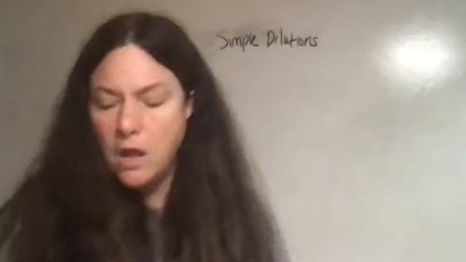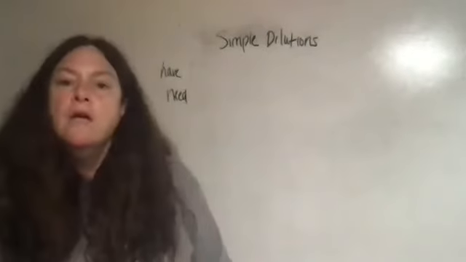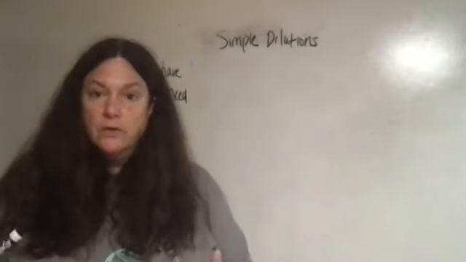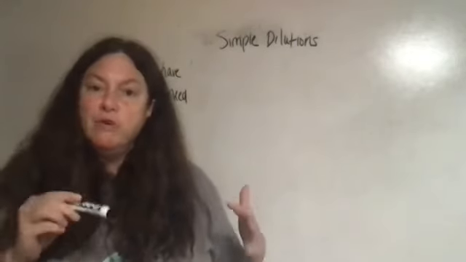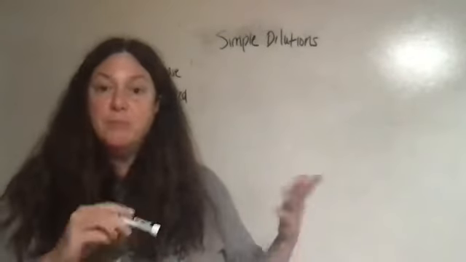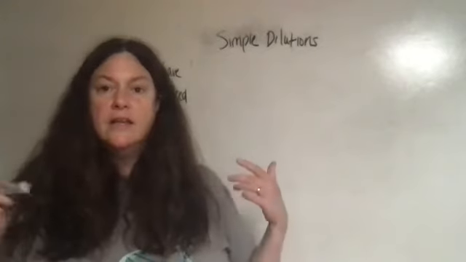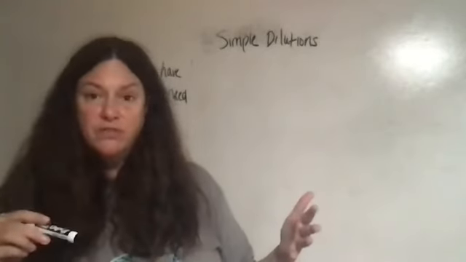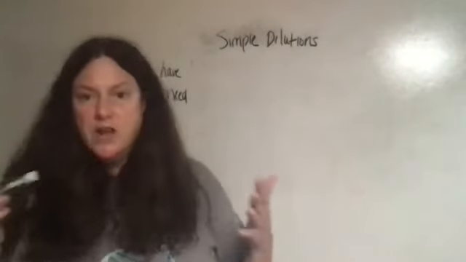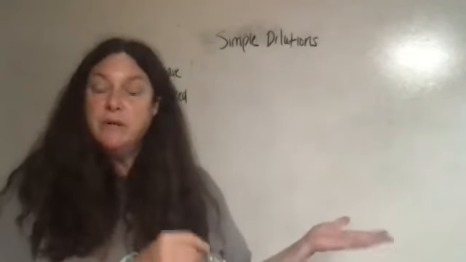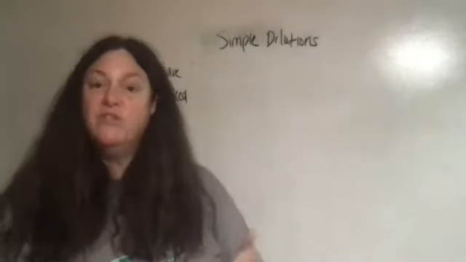Now for alcohol, just so you know, 200 proof alcohol is 100% alcohol. 190 proof is 95% alcohol. 180 proof is 90%.